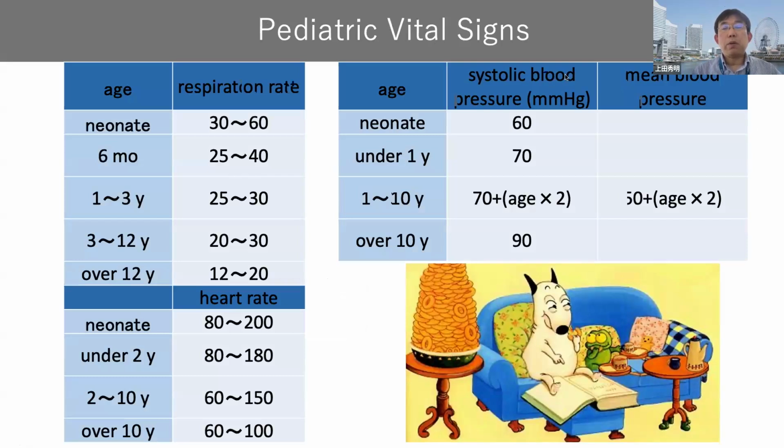As you know, pediatric vital signs differ depending on age. Whether we see a neonate, a child under 6 months, children around 1 to 3 years, 3 to 12 years, or over 12 years, each has a different respiration rate, heart rate, systolic blood pressure, and mean blood pressure.